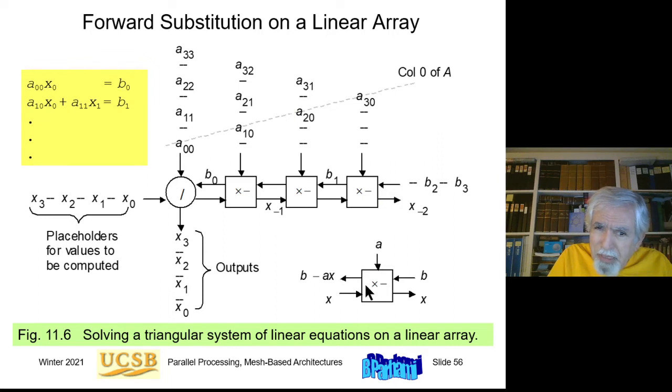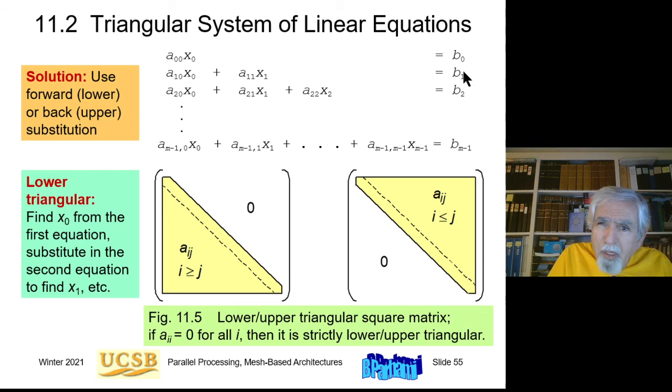So b1 is multiplied by x0, and at the same time a10 comes up there. So each of these cells, except for the leftmost one, which just does a division, computes the following: b minus a times x. So the right input minus the top input multiplied by the left input, and passes it here. So this one will compute b1 minus a10 x0, and then it divides that.